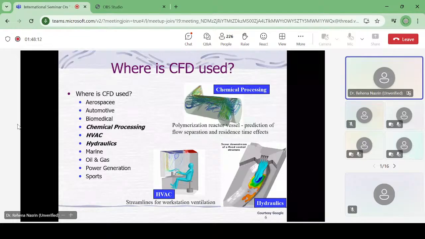This figure shows the streamline pattern for the workstation of HVAC ventilation. And the right figure is hydraulics, and we see here the scour downstream, and the downstream is shown by this figure.